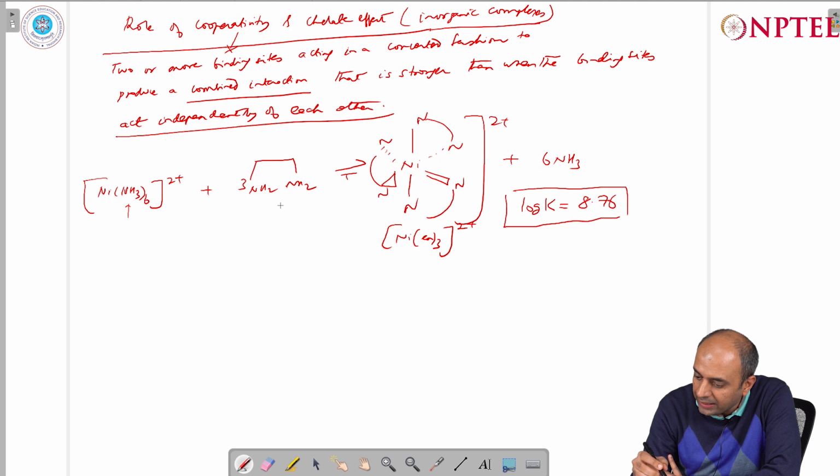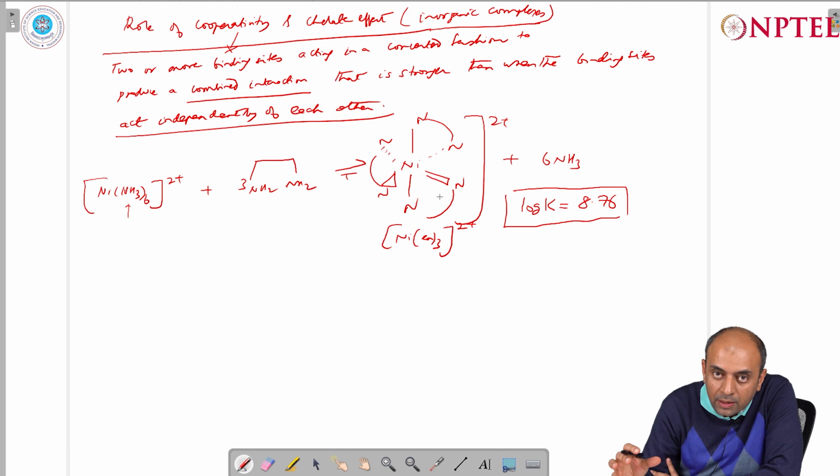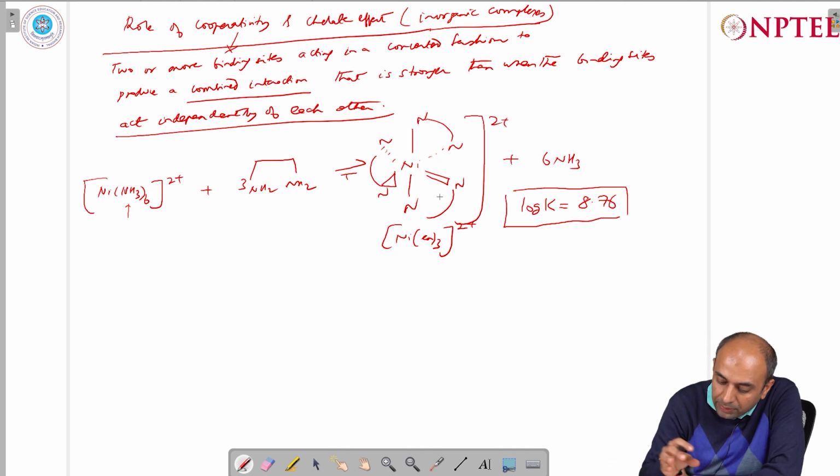But in case of the bidentate ligand, even if one of the nitrogen atoms gets dissociated from the nickel center, the overall ligand does not get dissociated because the other nitrogen is still coordinated with the nickel. So, overall there is a much stronger binding of the bidentate ligand in comparison to that of the monodentate ligand.